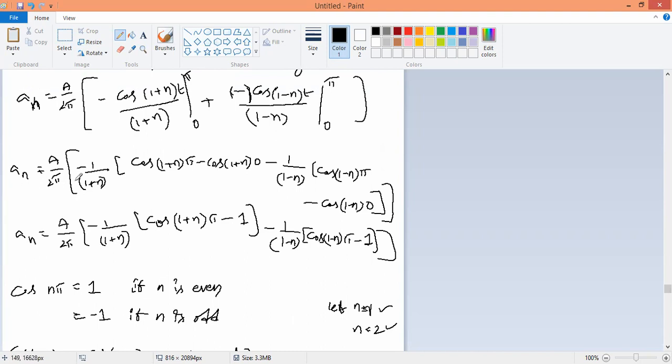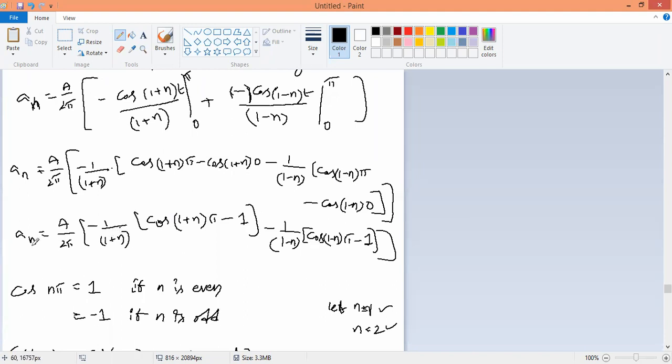Next, an equals A by 2 pi into minus 1 by 1 plus n into cos of 1 plus n pi. Now I am substituting the limits pi and 0: cos of 1 plus n into pi minus cos of 1 plus n into 0. Next, minus 1 by 1 minus n, cos of 1 minus n pi minus cos of 1 minus n 0.